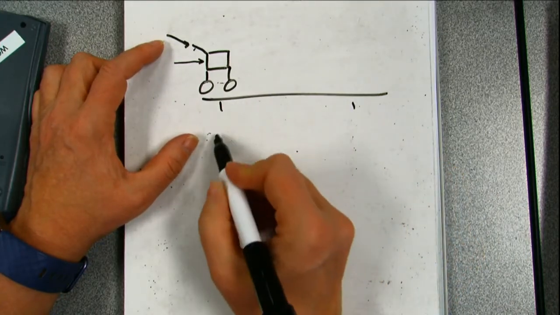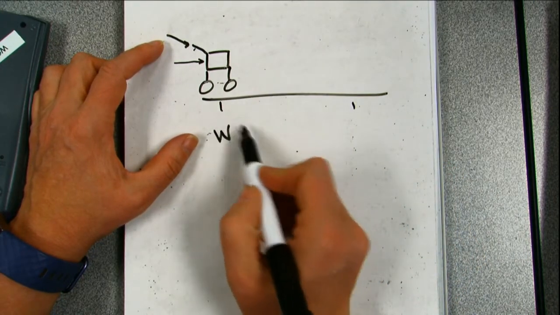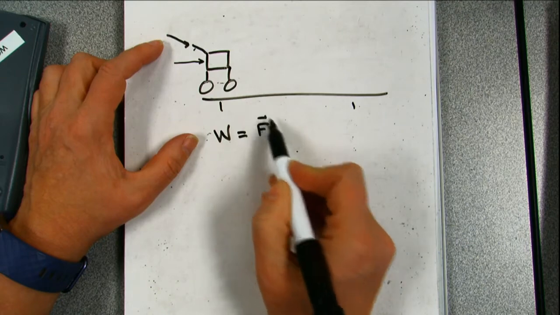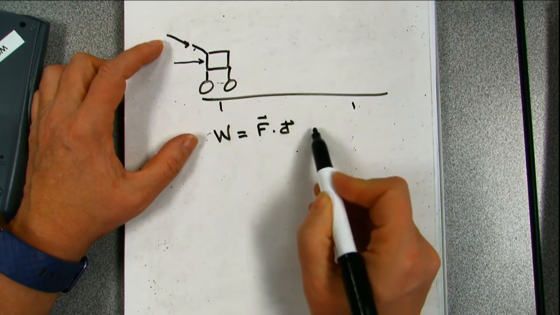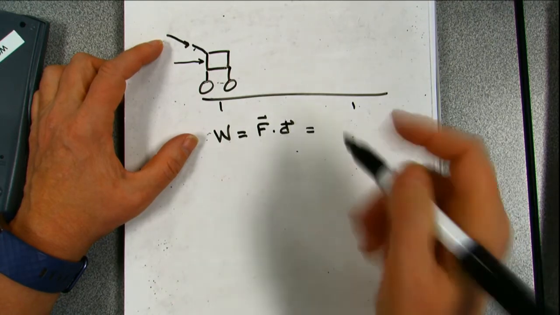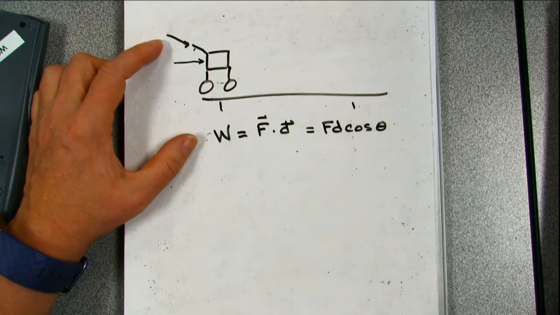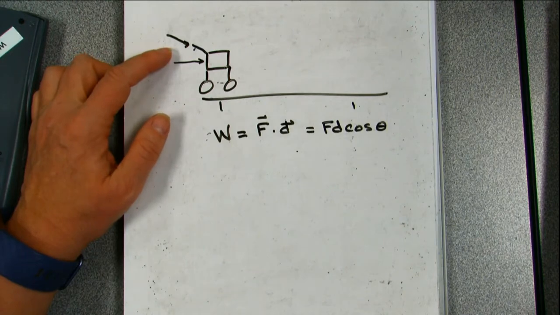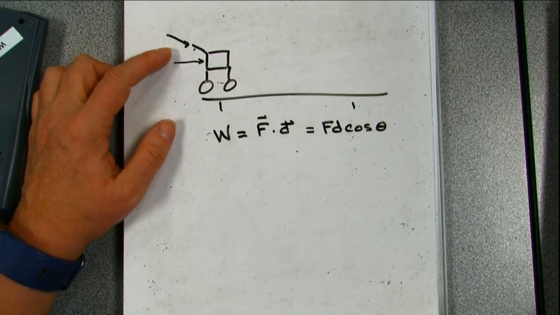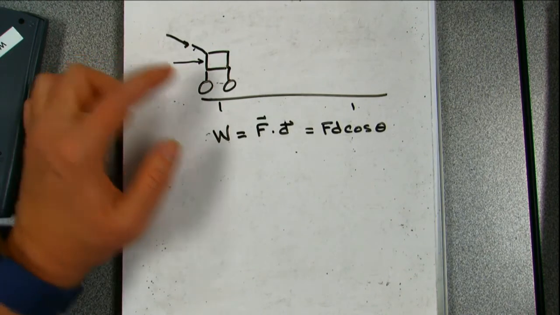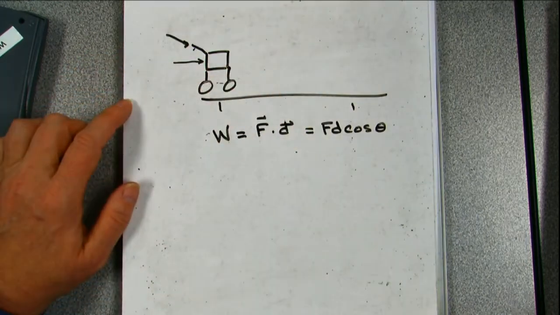That came from the fact that work was the dot product, or scalar product, of the two vectors, and we looked at the component in the direction in which we were applying the force.